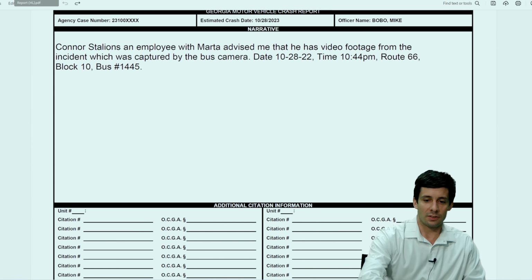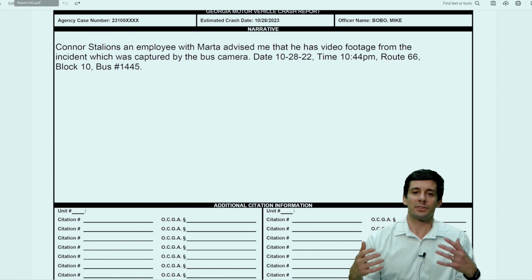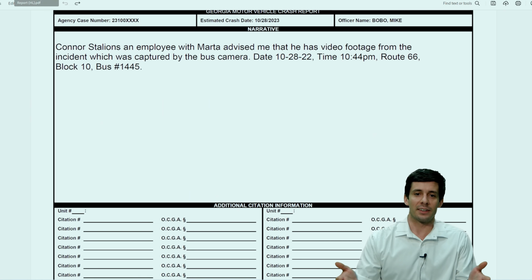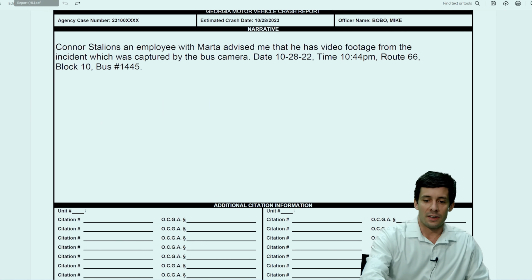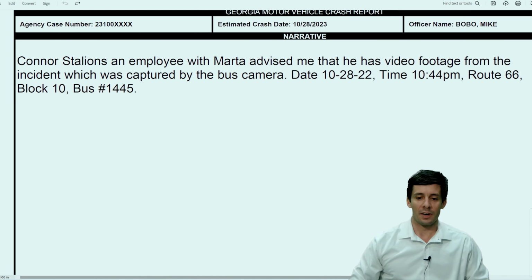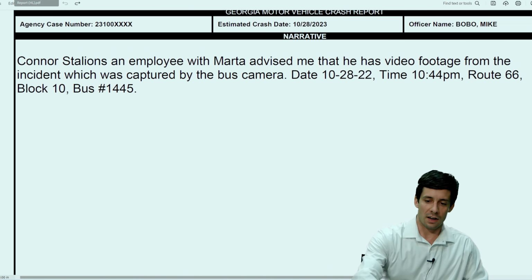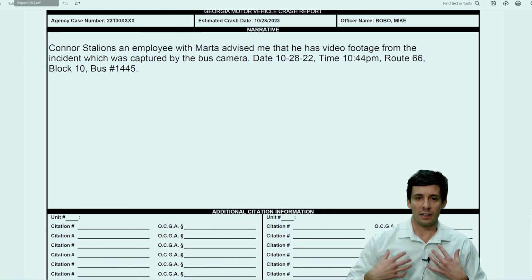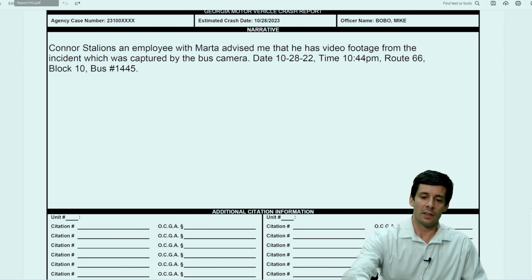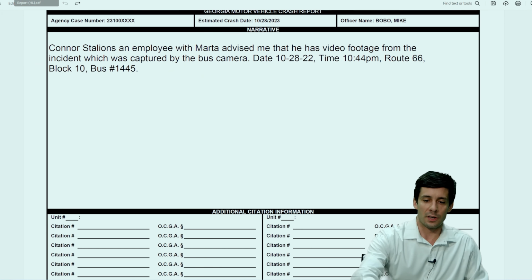And in this case, this is key information. Anytime there's witness information or additional information like this in a narrative, in this case, there was a MARTA bus nearby that happened to get video footage. So, of course, that's going to be great evidence for the case, and that's something that we, as the lawyers in the case, would immediately go and retrieve from MARTA.